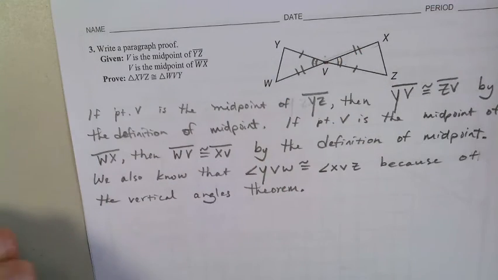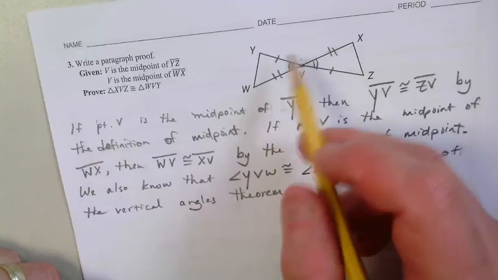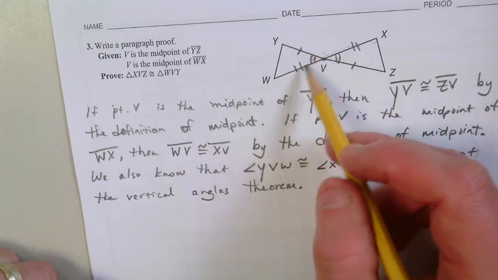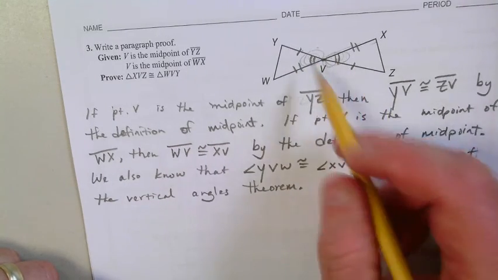Now to finish this off, do I have congruent triangles? Yes, because we have side angle side. The included angle here, the included angle over here, between those two congruent sides.